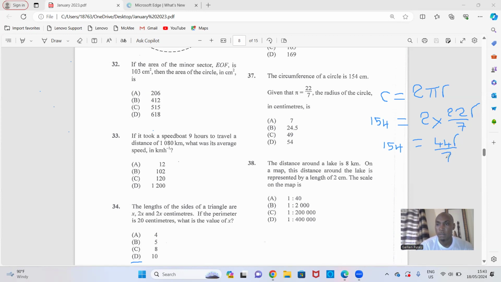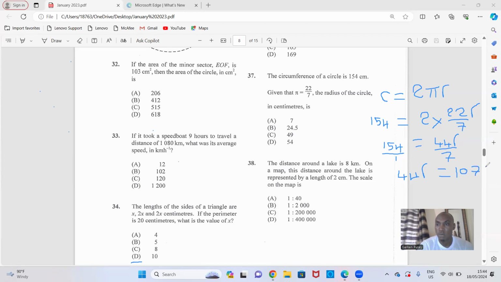Now, there are other ways of doing this question, we can cross multiply, which will give us 44r equal to 154 multiplied by 7, and you get 1078.